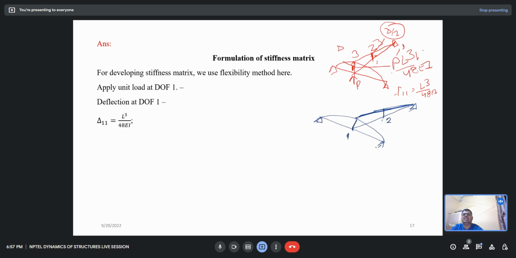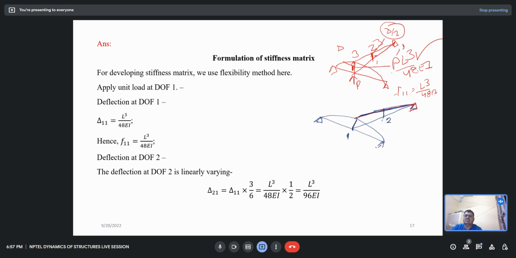We have calculated it here. So now F11 becomes L cube over 48 EI. The deflection at degree of freedom 2 is linearly varying. That means in this beam the deflection varies linearly because that is a hinge. So the deflection is 1 by 2 of whatever we get for delta 11, so that is L cube over 96 EI.